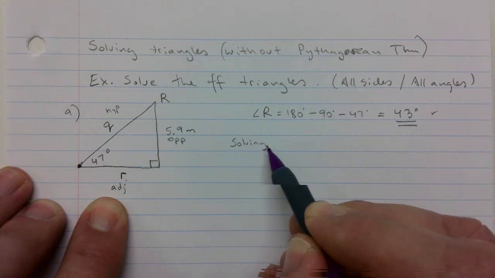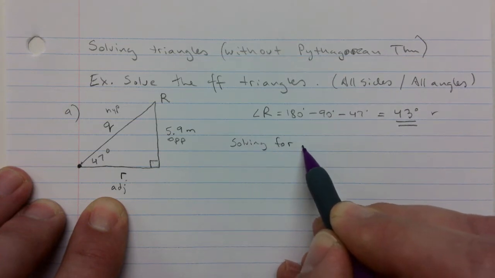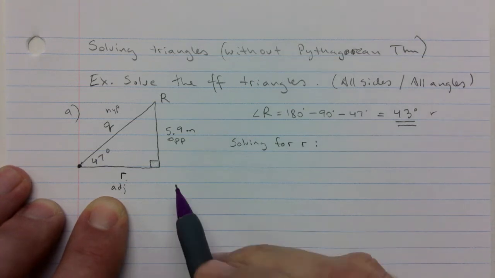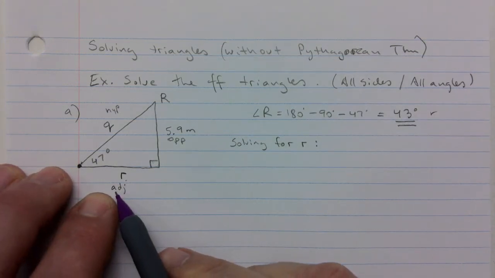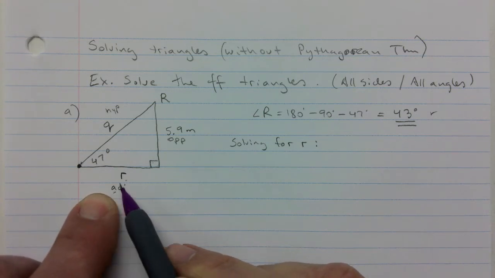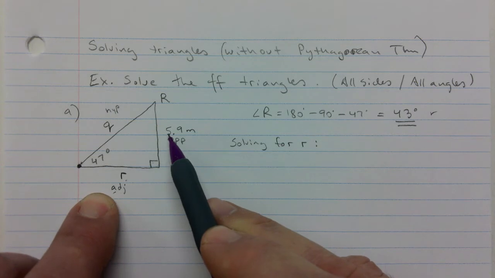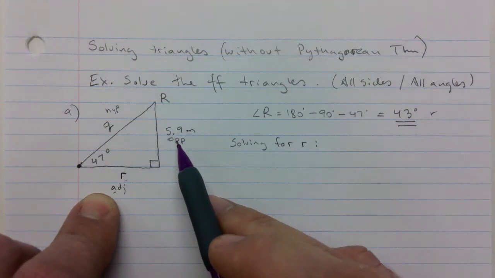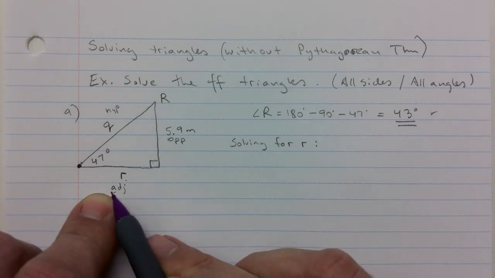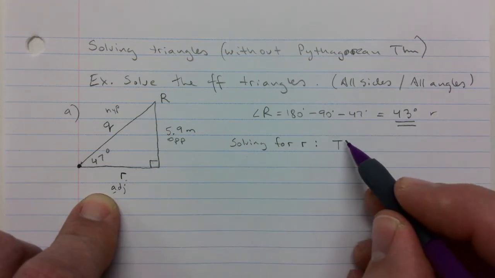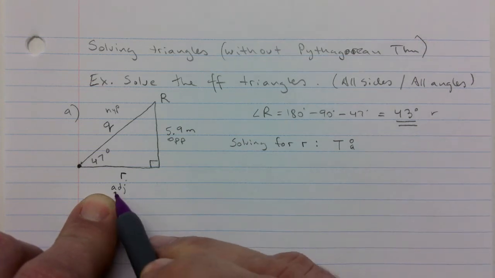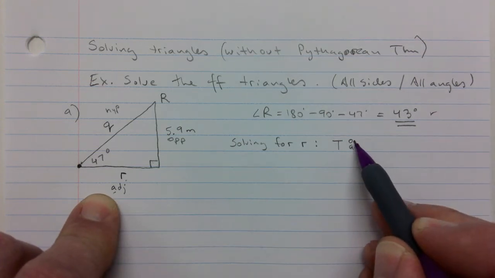Okay, so let's say you want to solve for R, side R, that is. If you wanted to solve for R, that means that adjacent is definitely in play, and you most definitely want to use the opposite side because it is given to you. So if it's O and A, you're using TOA. Adjacent is the one you want, opposite is the one that was given to you.